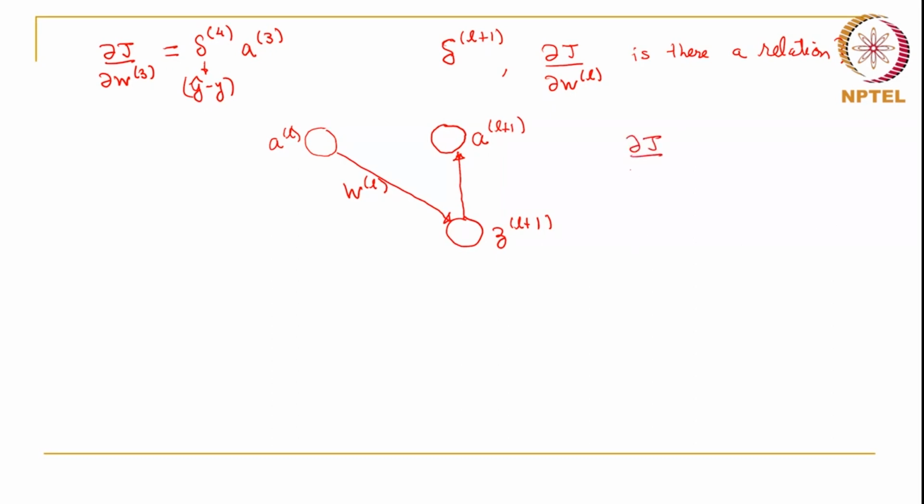Question is, what is the relationship between del J del WL and del J del ZL plus 1?